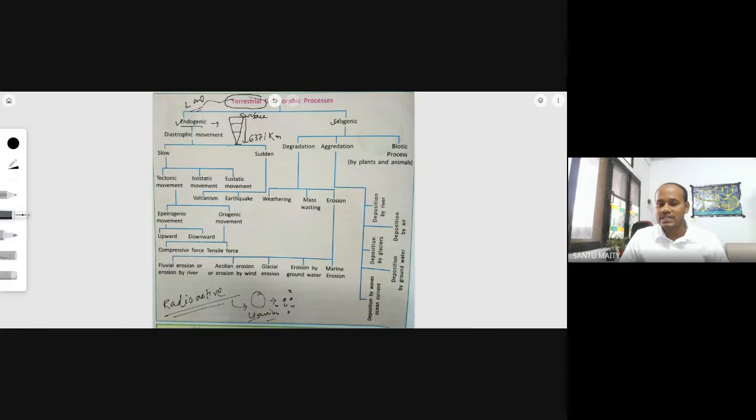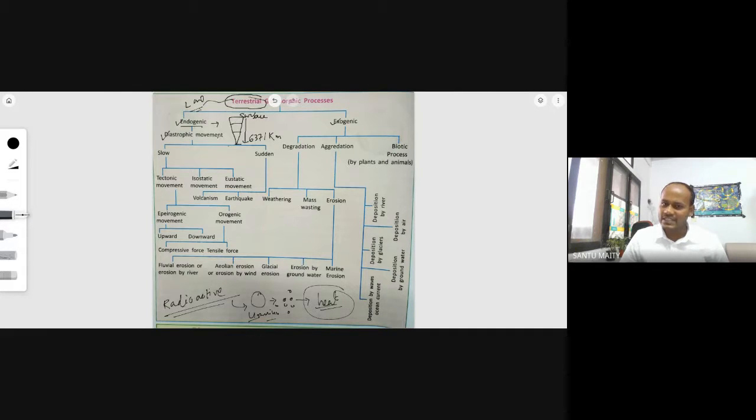Because of this disintegration, heat is generated, and that heat is the source of temperature inside the earth. Because of this heat source, multiple processes operating within the earth are responsible for the diastrophic movement.